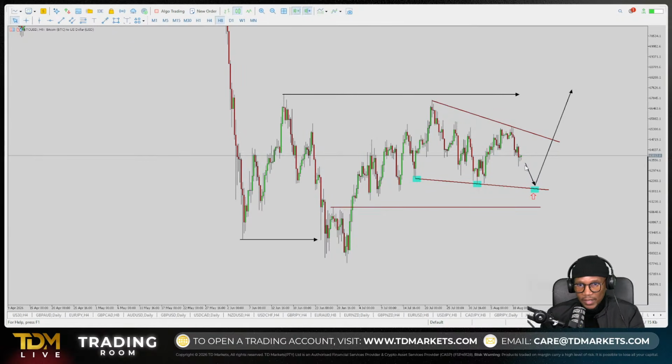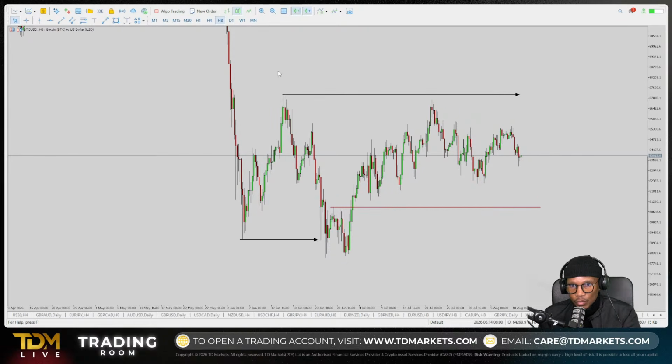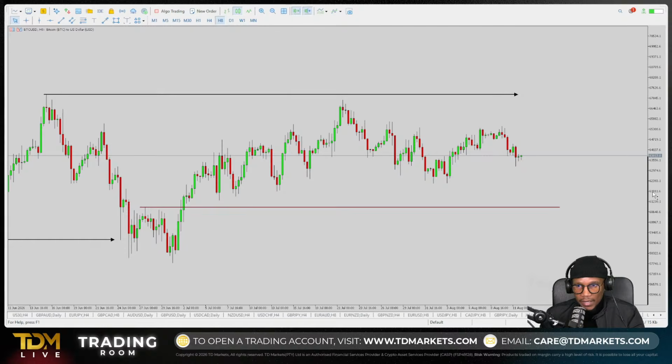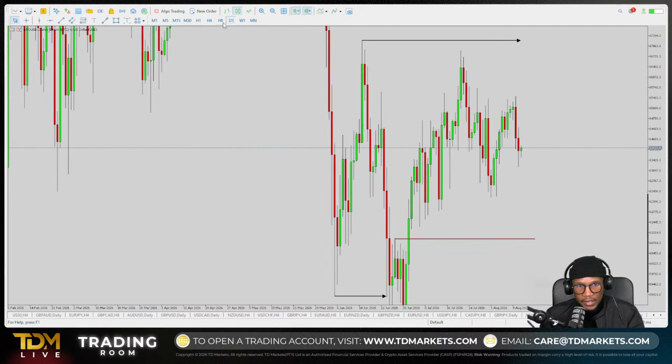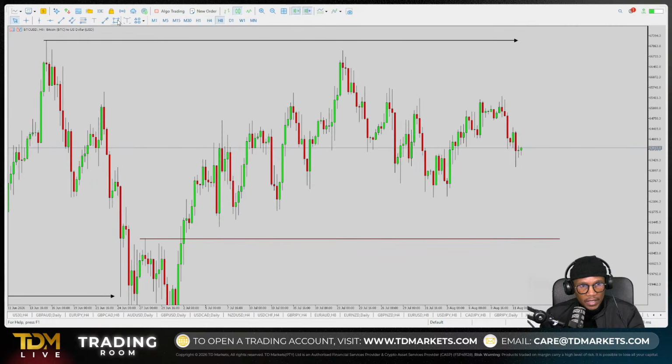The other way to look at Bitcoin is this, on the 8 hour. This is visible on the 8 hour; on the daily it's not, and the 4 hour it's not. On the 8 hour we have this demand area on Bitcoin, and now it's testing the demand area.